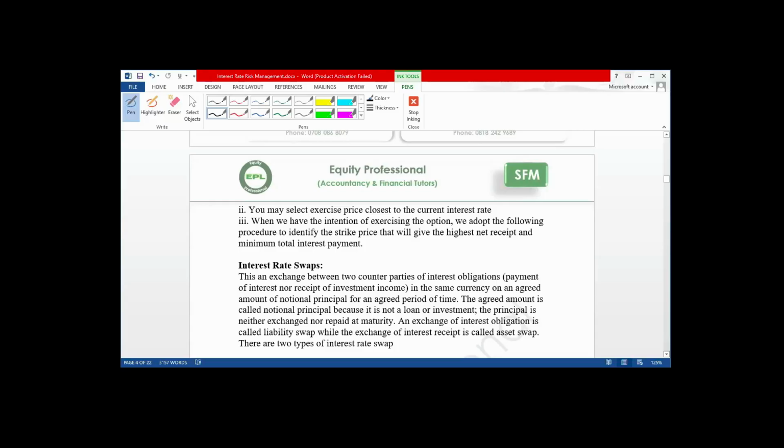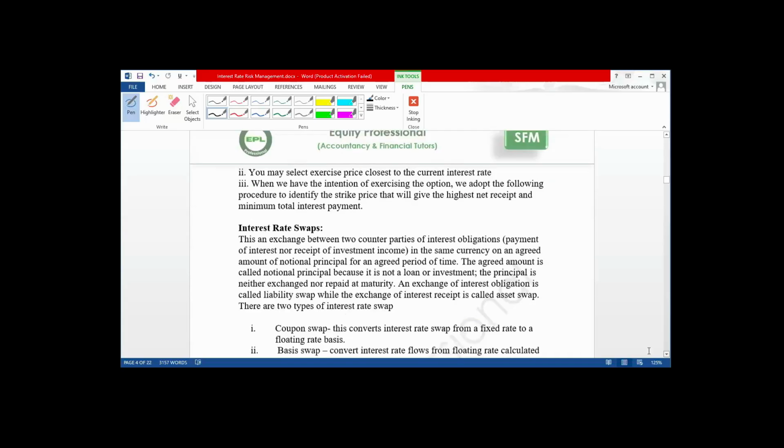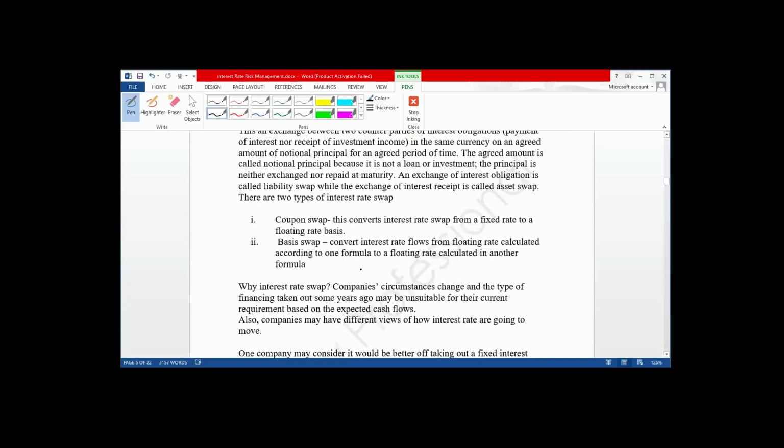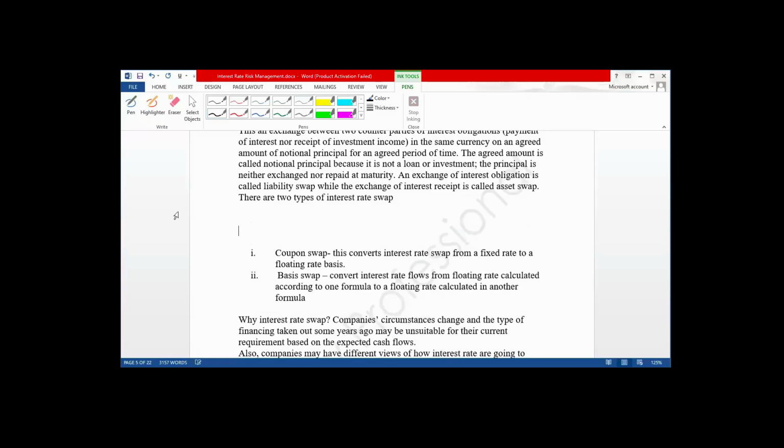Let's illustrate this briefly. We have Company A. Company A plans to borrow 500 million at a fixed rate.